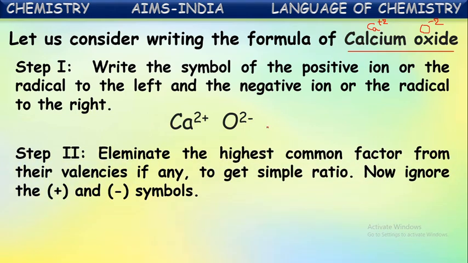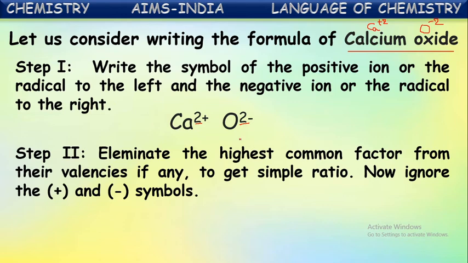Then step 2: eliminate the highest common factor from their valences, if there is any, to get the simple ratio. Here their valences are 2 and 2. We can eliminate the common factor 2 from these two to get the simple ratio 1 and 1. After getting the simple ratio, we ignore the positive and negative symbols in their charges.